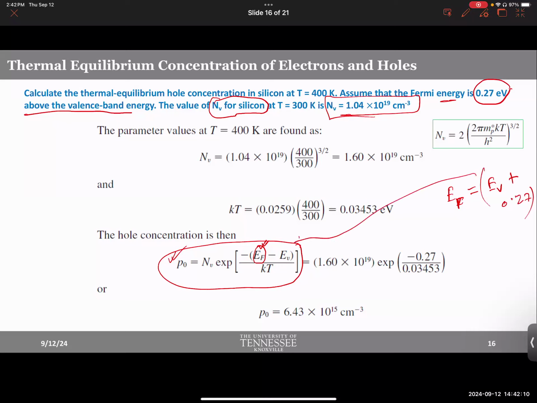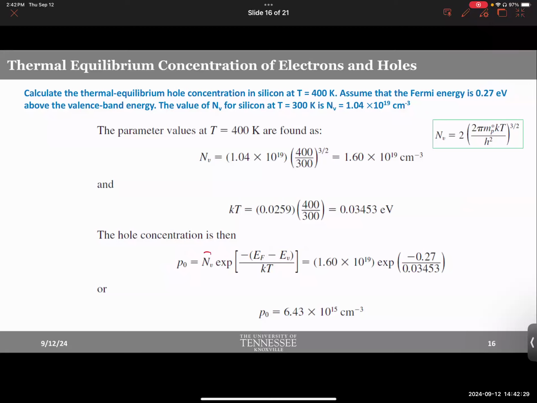So if you replace that here, these EVs will cancel each other out, and you only have a number left. Simple. In terms of kT, k is the Boltzmann constant. You could just get it from your calculator or Google. And T is temperature, which is 400 Kelvin. So you just plug it in and you get some numbers out there. Finally, you see the only thing that we need to plug in now is NV, which is also given. But there is a small catch.